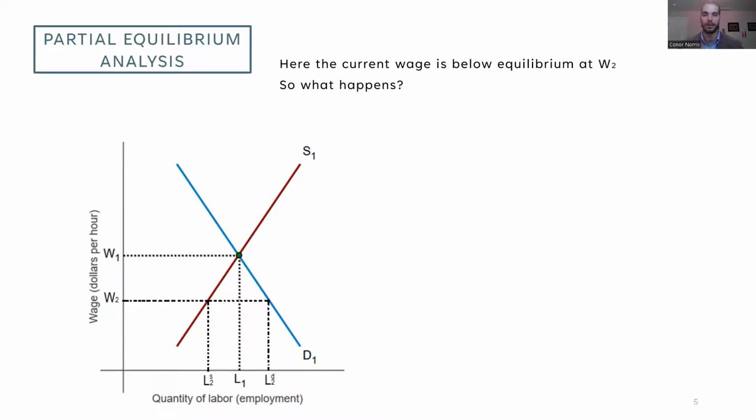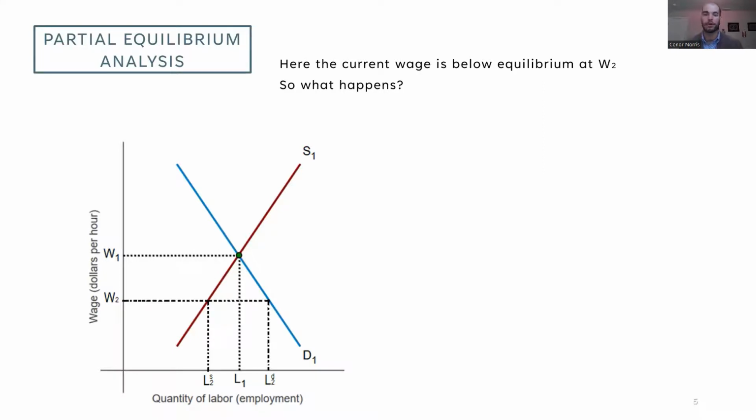That is the number of hours, number of employees, that are going to be willing and able to work at this wage. We should expect that if you were paying people less, fewer people are going to be willing and able to work in your profession or in your industry.